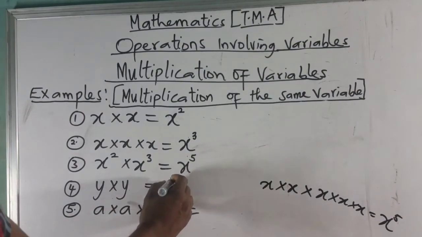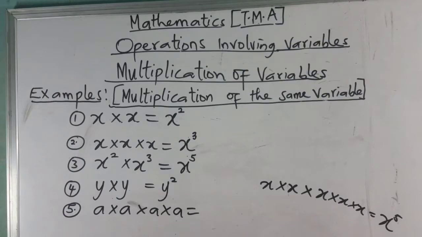That will be y raised to power 2, that is y squared. Look at this one. This is a times a, the same law, the same variables. So I'm going to write a raised to power 1, 2, 3, 4. That is a raised to power 4. That is how to multiply the same variables. I hope it is clear.